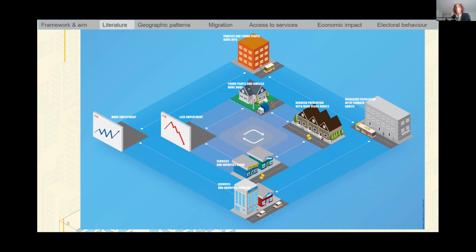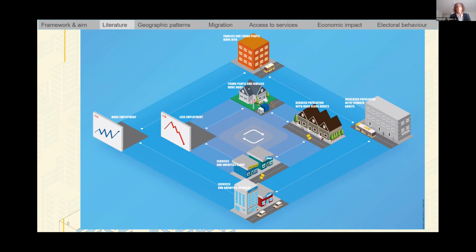Just to have a quick look at the literature, which has shown the existence of multiple realities at the local level. Most of the output of this literature is that the realities at the local level are dynamic in time and over the life course of individuals.